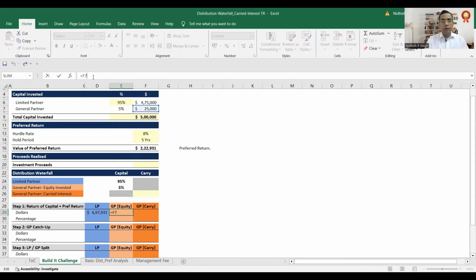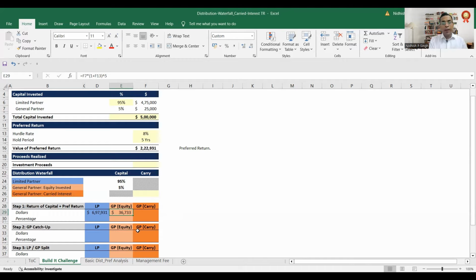And here again, essentially, treating GP as LP, we are giving them a preferred return.